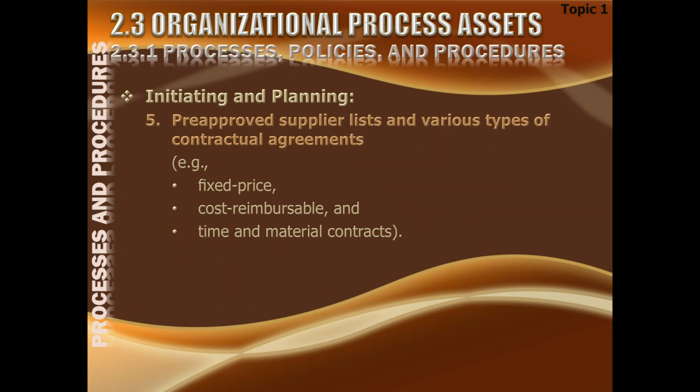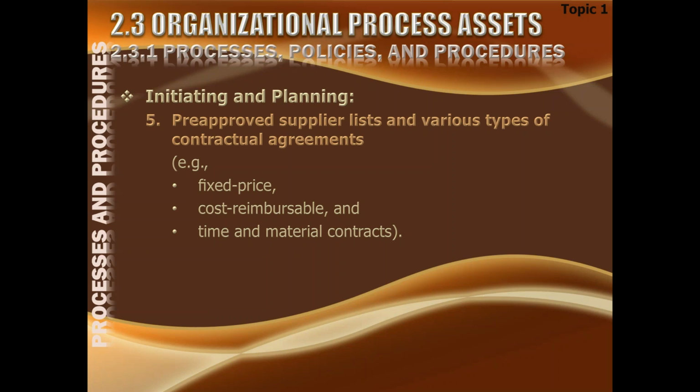Then the pre-approved supplier list and various types of contractual agreements. Again, in the archive, we can have a list of pre-approved vendors or any contractual agreements. The standard format of the contract might also be provided there.